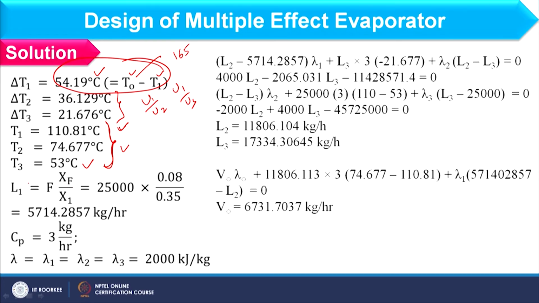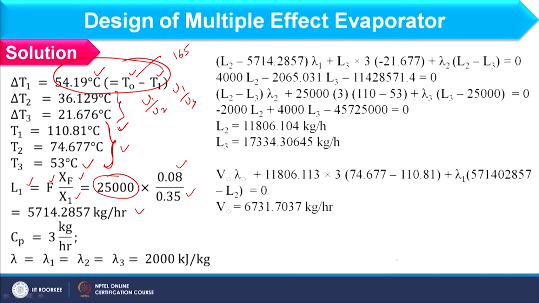So, here we can consider L1 X1 should be equal to F XF, and that should be equal to 25,000 into 8% by 35% by weight, right. So, here we can find out L1 as 5714.2857 kg per hour. Next step is to find out L2 and L3.